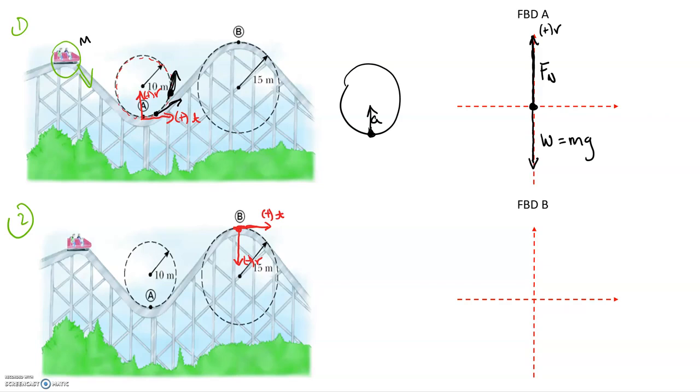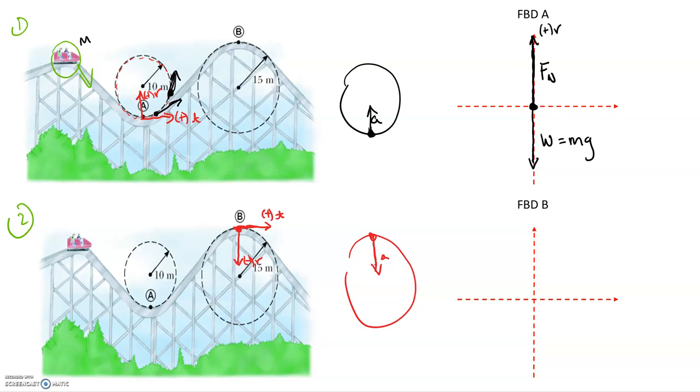And so we just do the same sort of thing again. Which way is the acceleration's direction for this part? So we know that for point B, the acceleration is going to be pointed inwards towards the center of the circle.